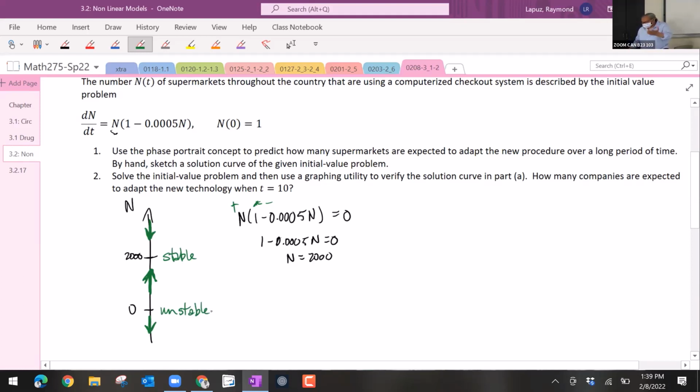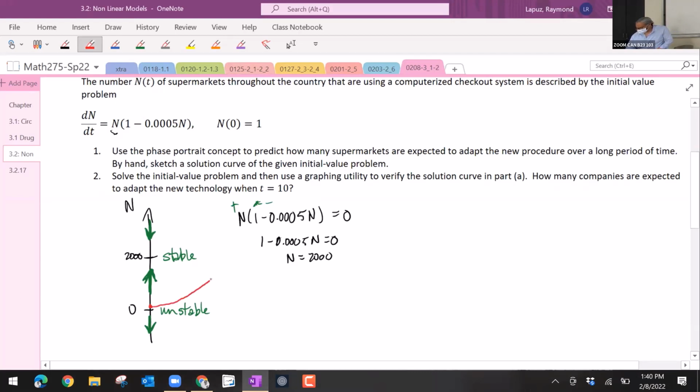In fact, when t is equal to 0, n is equal to 1, so we know that we're bigger than 0. And based on this, we know that 0 is an asymptote, and we know that 2000 is an asymptote.